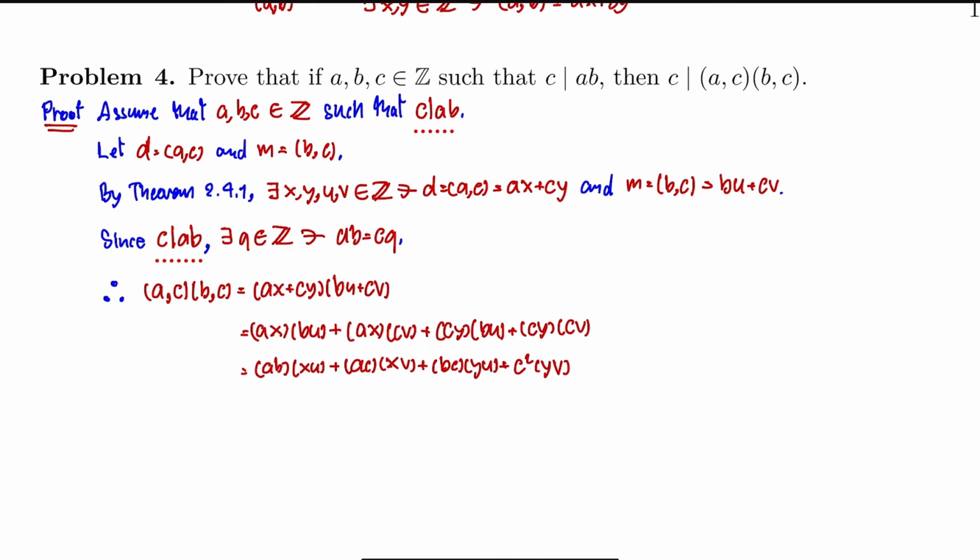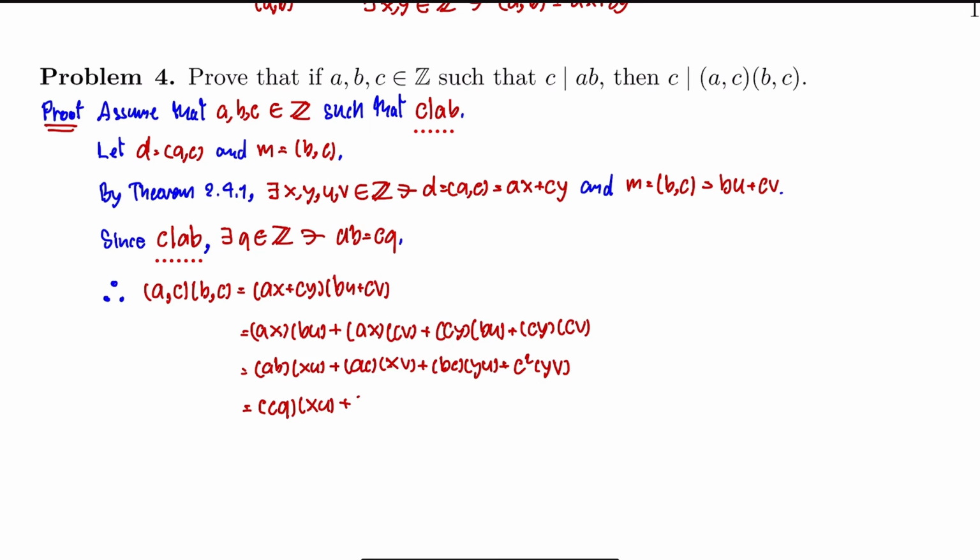Then we know that c divides ab. That means that c is a factor of ab. So ab becomes cq.